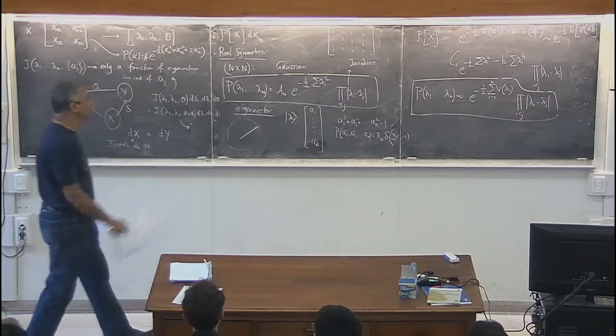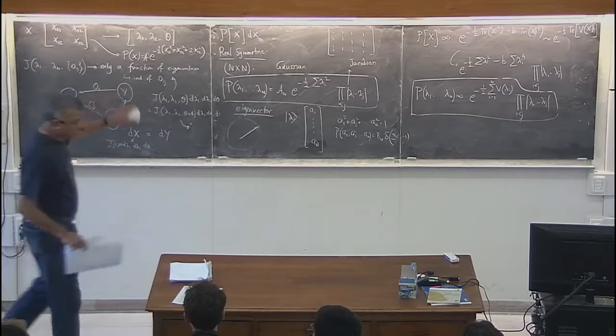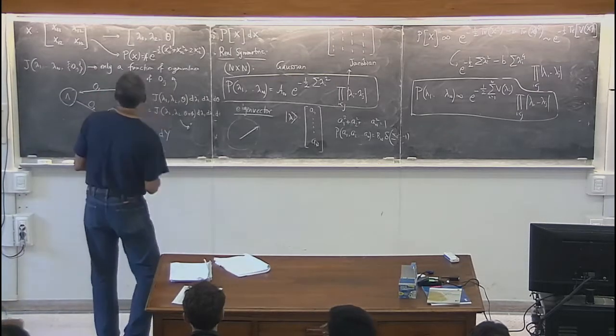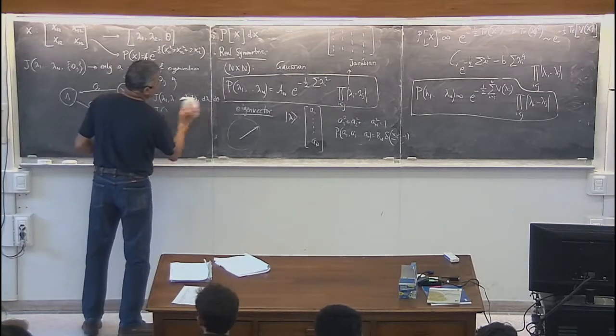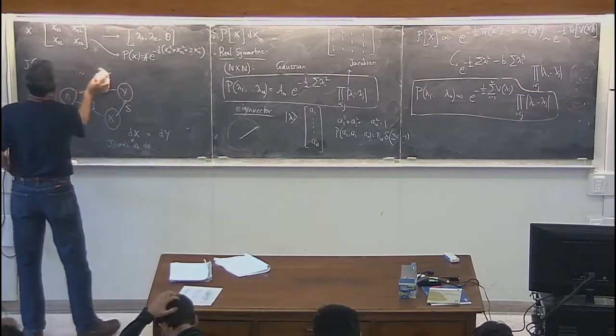Now we can do the same exercise, and this is an exercise: do the 2 by 2 case for a complex Hermitian matrix. Take x dagger equal to x.